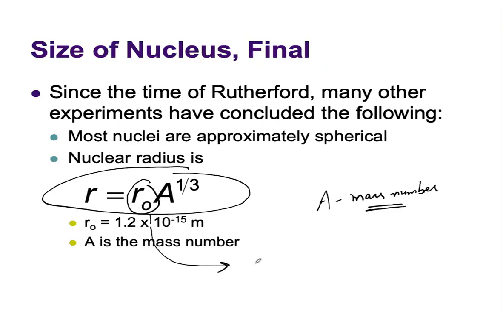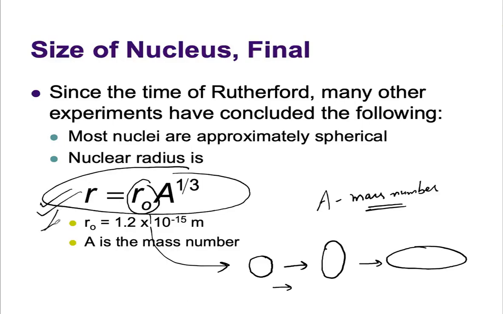We generally consider that a stable nucleus has a spherical shape, and as the number of protons and neutrons increases, the size of the nucleus changes. It can be prolate or oblate, and from that we can find out the change in quadrupole moment or magnetic moment. We will discuss that when we discuss the shell model problems in our coming lectures. For a stable spherical nucleus we use this formula, only for spherical nuclei.